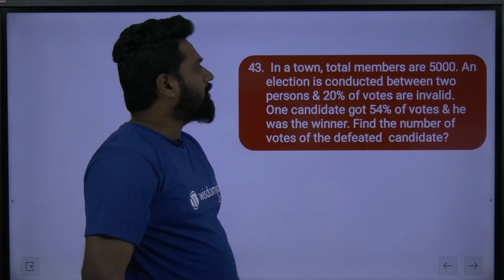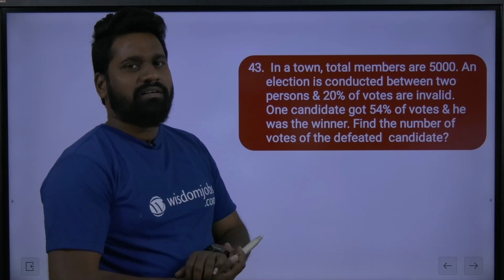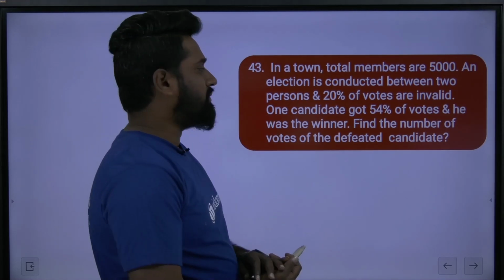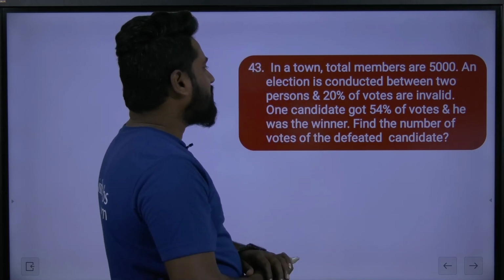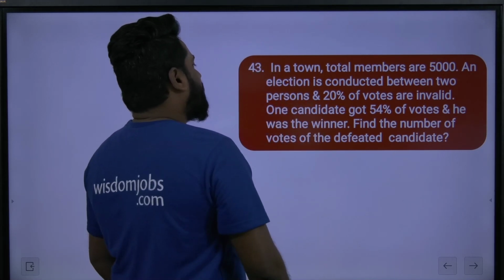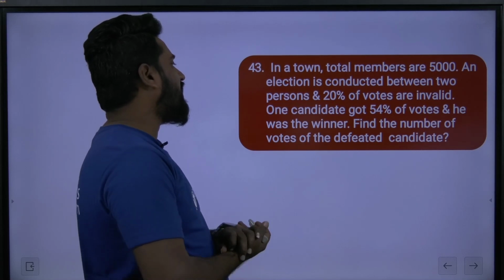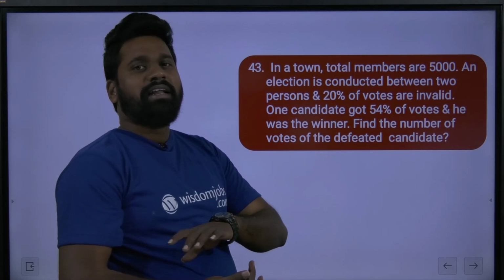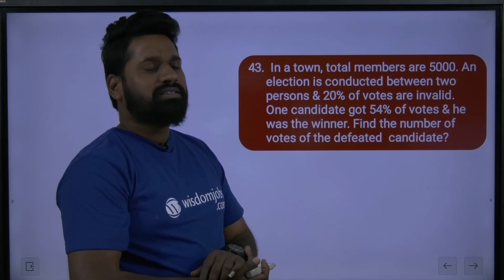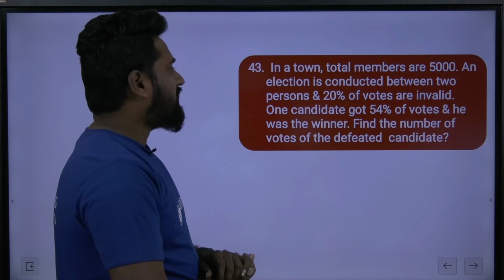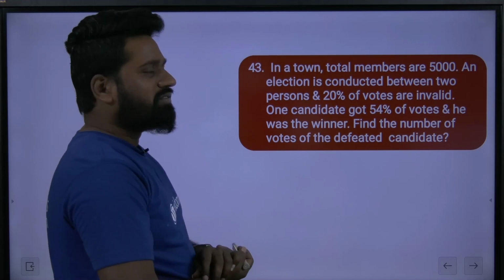In a town, total number of voters are 5,000 for example. When an election is conducted between two persons and 20% of votes are invalid. So 20% of the votes are taken as invalid. One candidate got 54% of votes and he was the winner.